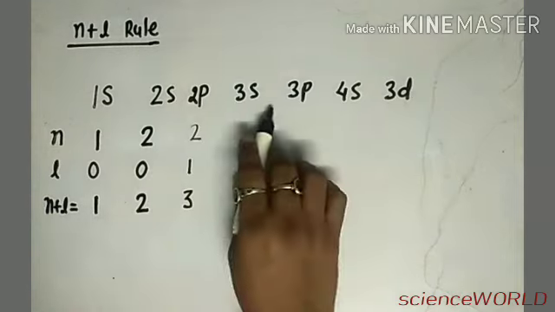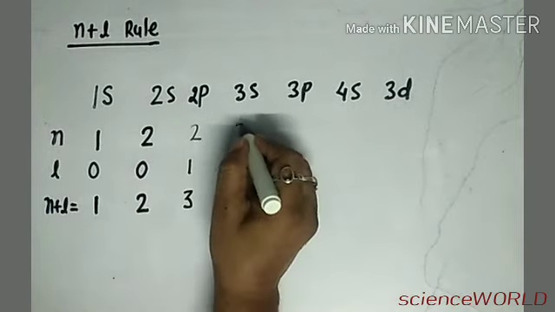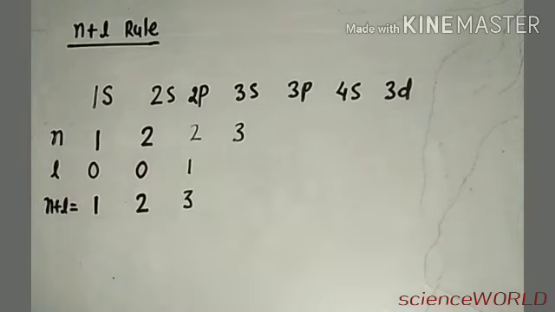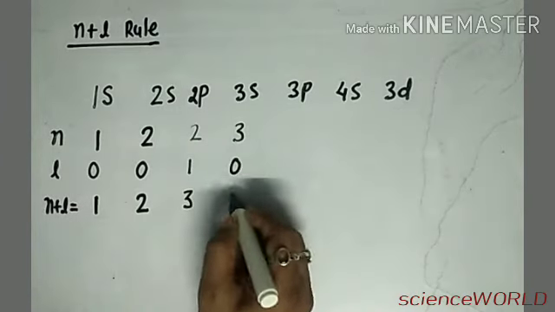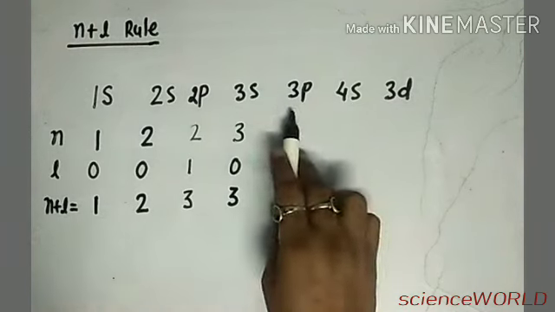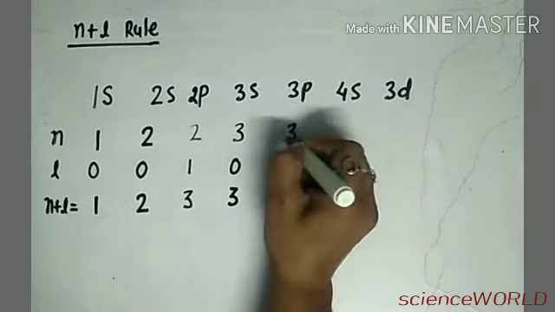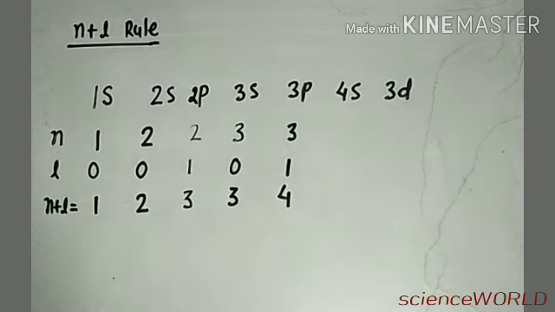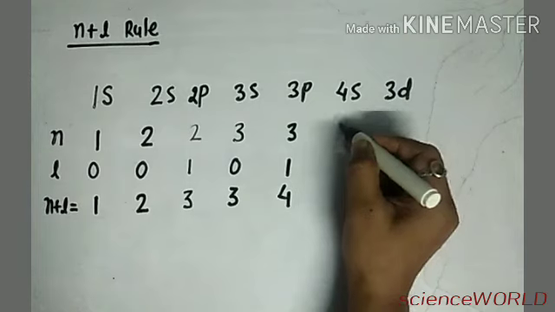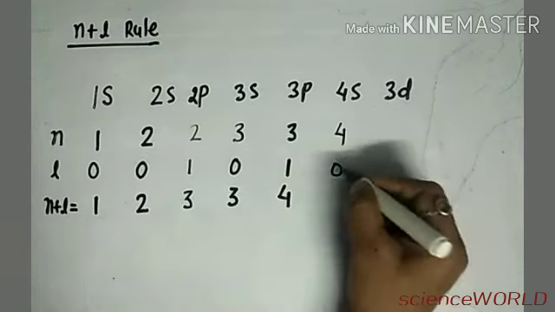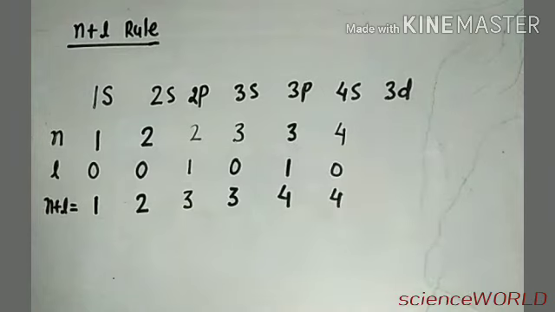In 3s, the n value is 3, and s is 0, so overall it will be 3. In case of 3p, we have the n value 3, p is 1, so overall n plus L is 4. In 4s, the n value is 4, the L value is 0, so it comes 4.